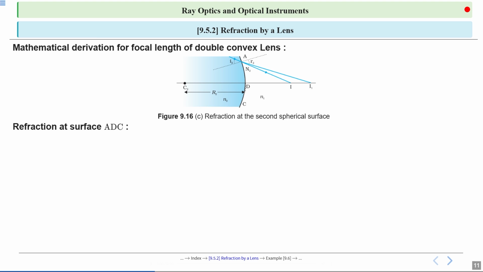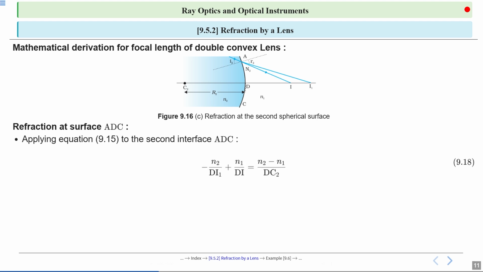So, refraction at surface ADC. Applying equation 9.15 again to the second surface ADC, we will now swap this N1 and N2. Now, the ratio of the refractive index of the medium in which the object is placed upon the object distance. In which medium is the object placed?